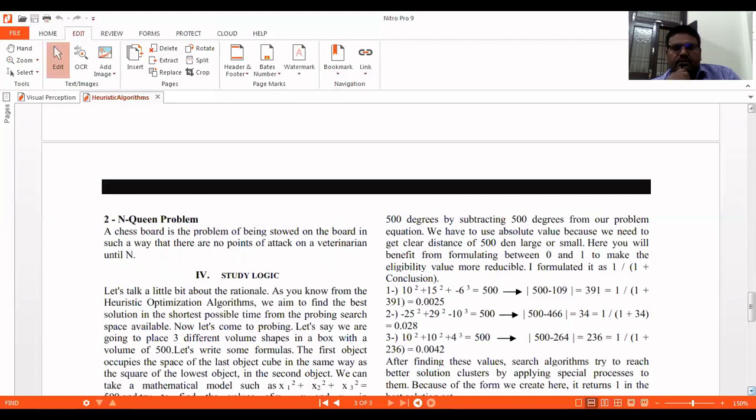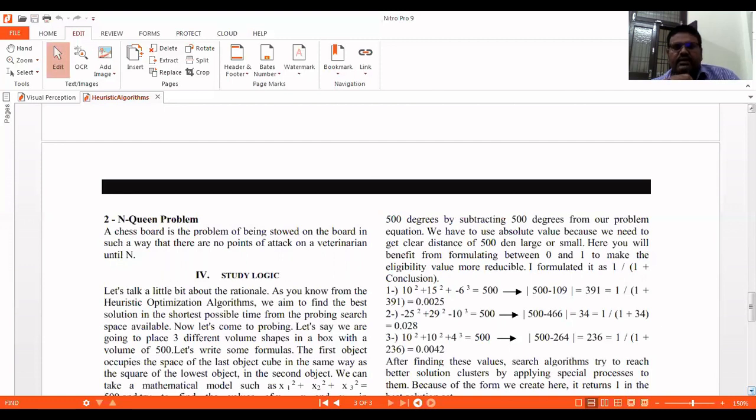As you know, with heuristic optimization algorithms, we aim to find the best solution in the shortest possible time by probing the available search space. Let's say we are going to place three different cube-shaped objects in a box with a volume of 500.